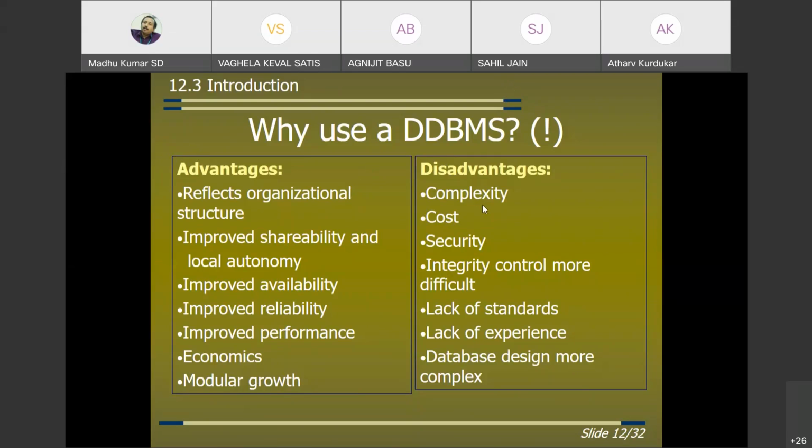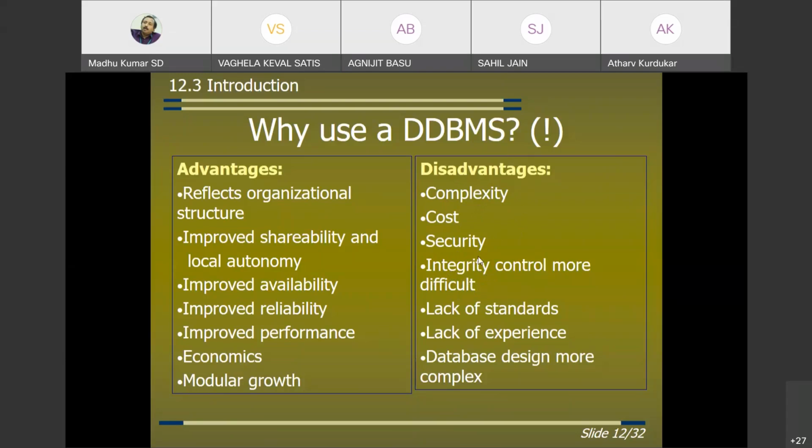And the disadvantages or demerits of this scheme are that it is going to be highly complex. The cost is going to be more because you have to replicate hard disk or storage; you need storage everywhere. Security will be a problem because all individual nodes may not have the same level of security. Sometimes a breach of security will occur, and it will be difficult to locate where exactly it has occurred.